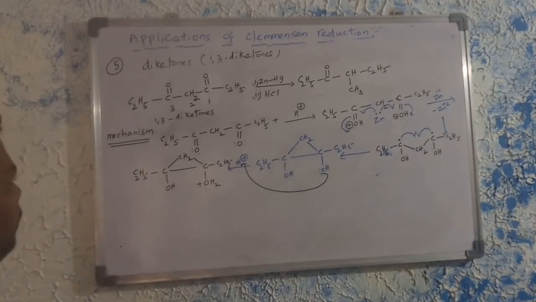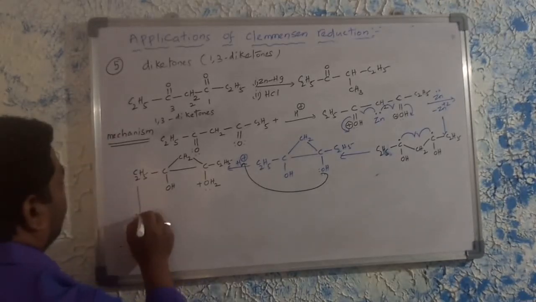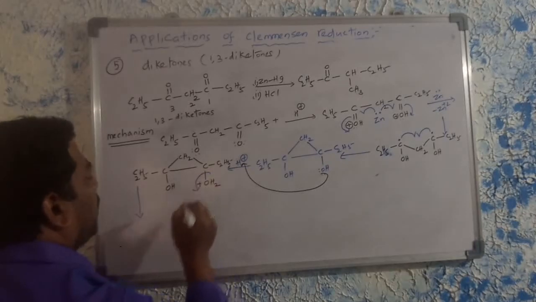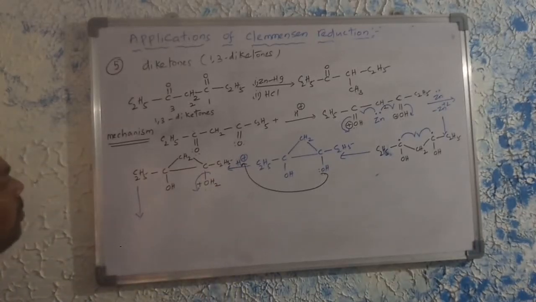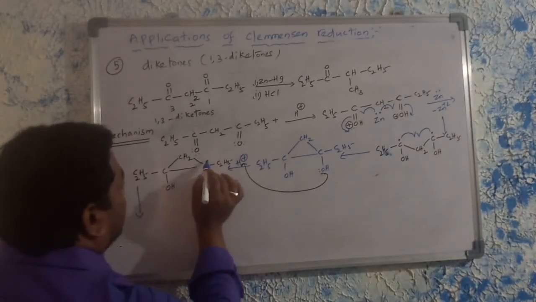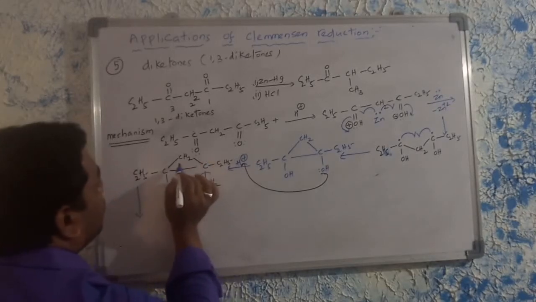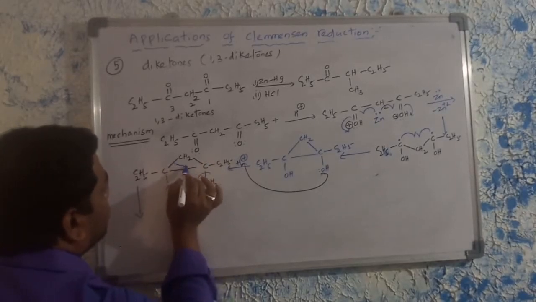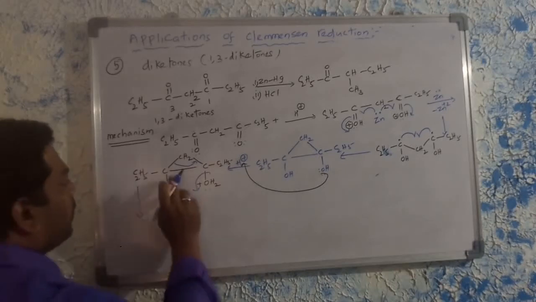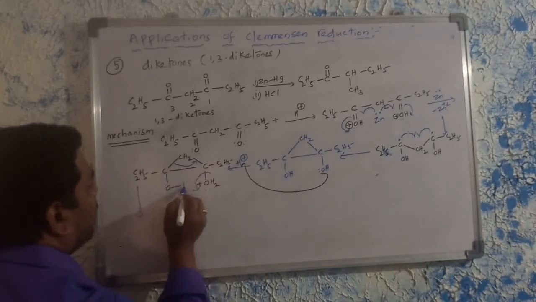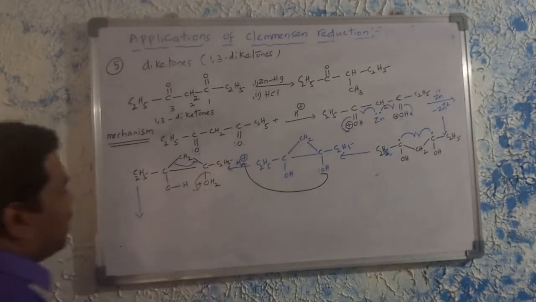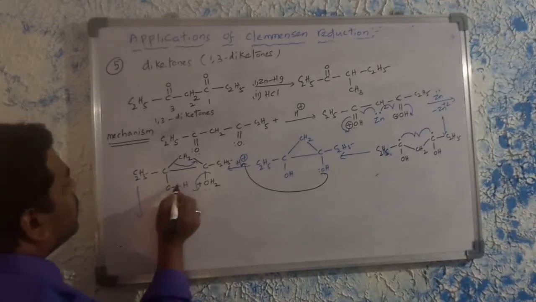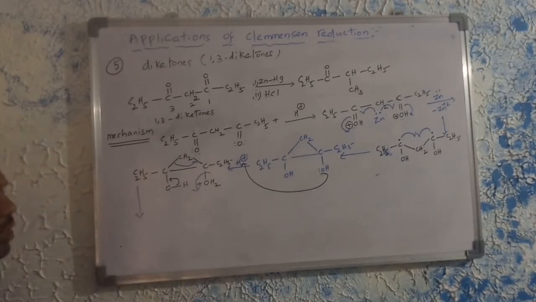In this step it leaves a water molecule and this carbon gets deficient. So this bond is shifted to here. Then this carbon gets a positive charge, so it leaves H plus.